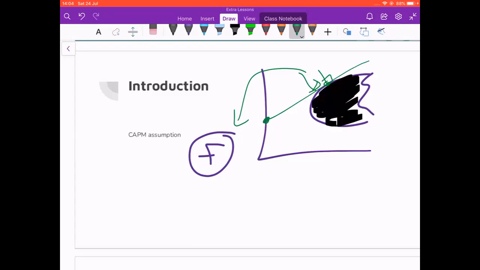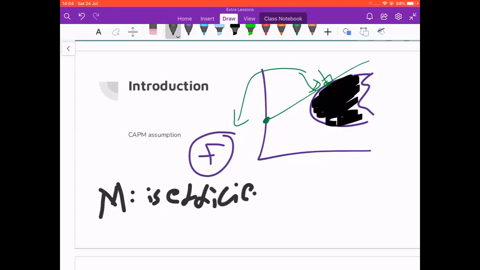Another assumption we can make is that the market is efficient. I'm going to use capital M to refer to the market. If the market is efficient, it lies on the efficient frontier.